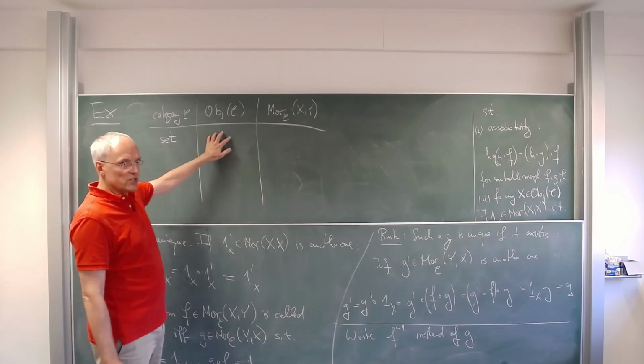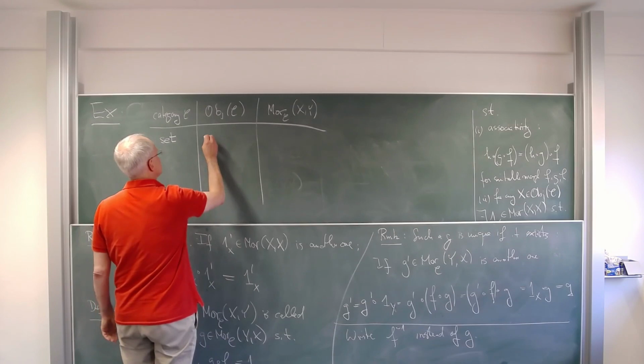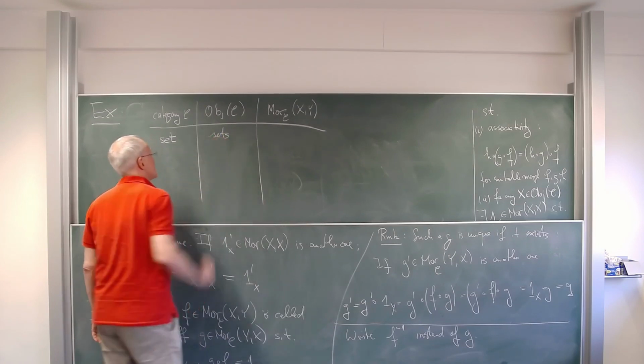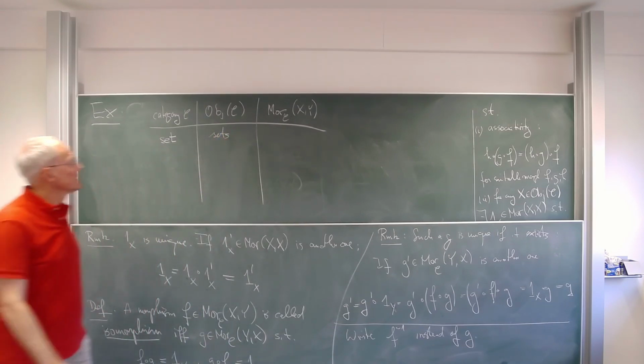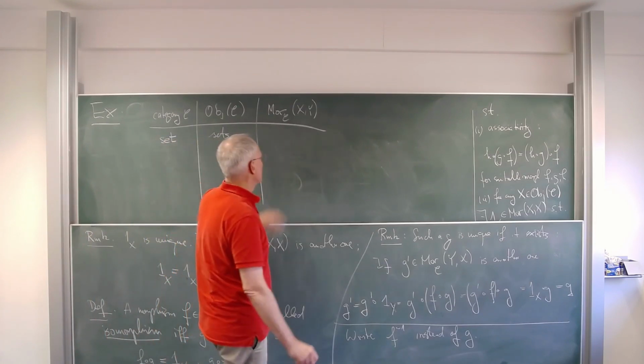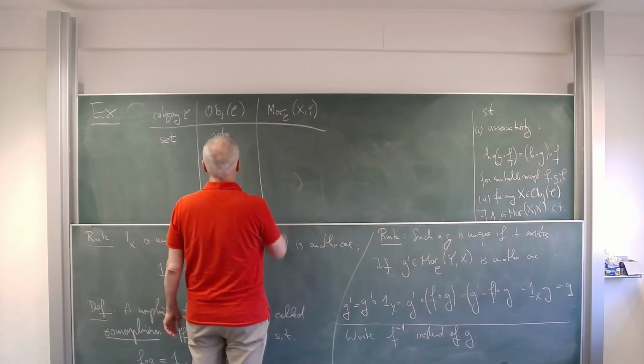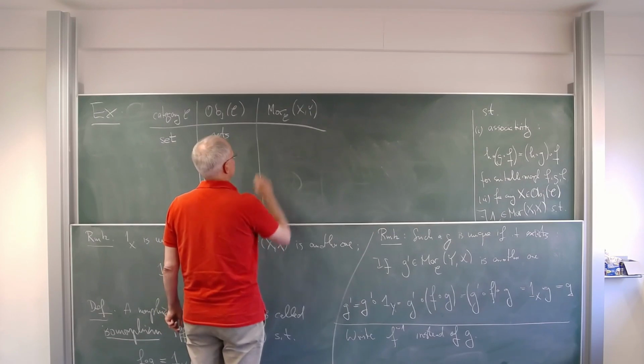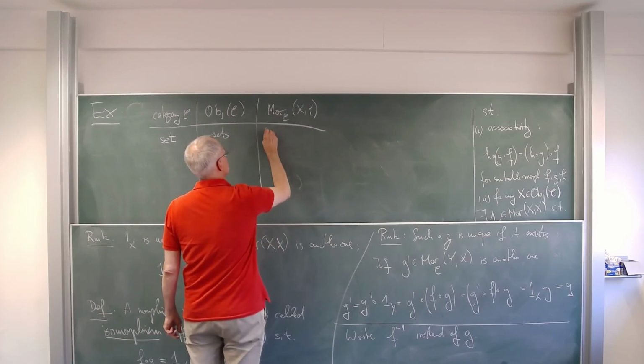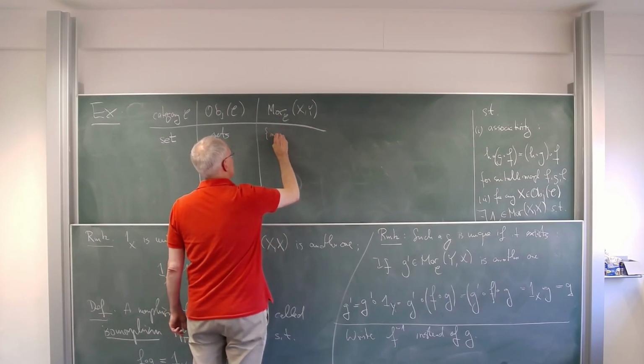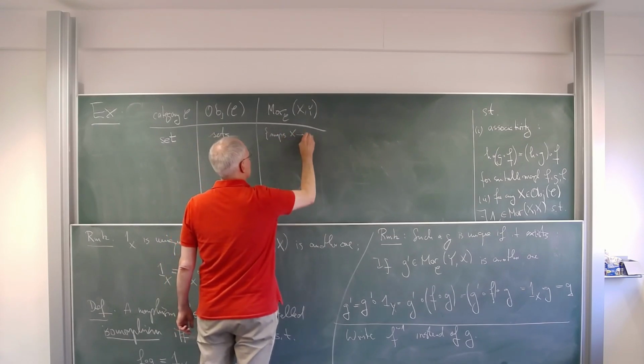So what are the objects? Well, the objects are just sets. So take all sets. And what are the morphisms? Well, for morphisms I could take all maps. So that would be the set of maps from x to y.